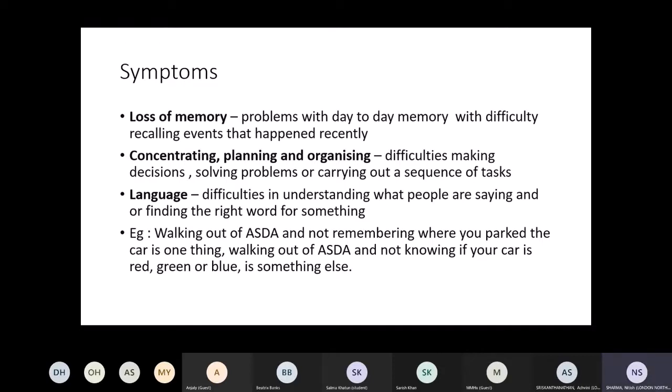Dementia patients often do not understand what you're saying, especially bilingual patients, who would have difficulty understanding one or the other language. For example, walking out of Asda and not remembering where your car is is one thing, but walking out of Asda not knowing if your car is red, blue, or green is something else, which suggests dementia.